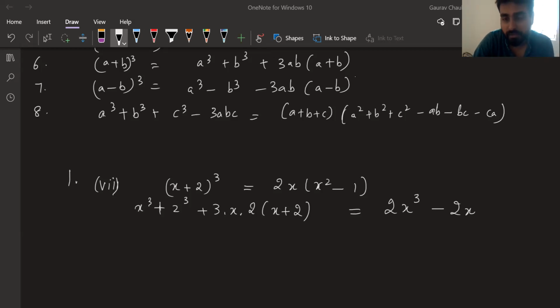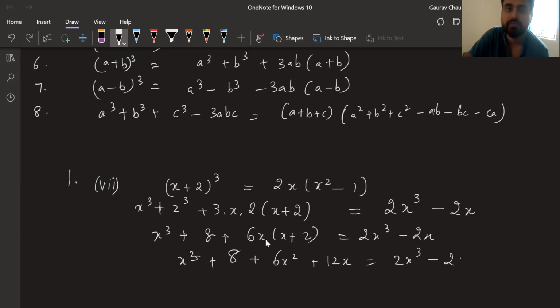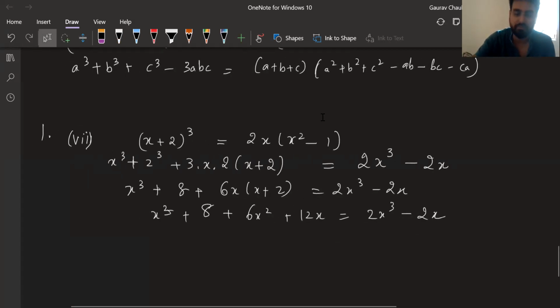Now here I'm going to just keep on opening the brackets and make it simpler and simpler. So I have x cube plus 8 plus 3 into 2 is 6, x into x plus 2, is equal to 2x cube minus 2x. I'm going to open this bracket also: x cube plus 8 plus 6x square plus 12x is equal to 2x cube minus 2x. Now, I'm just going to take everything to the left side.